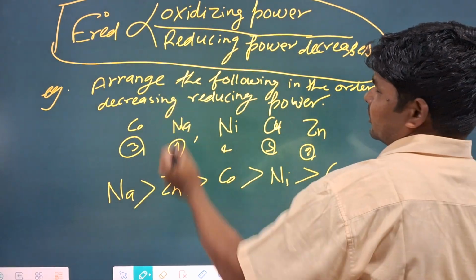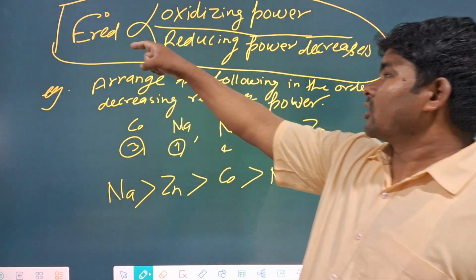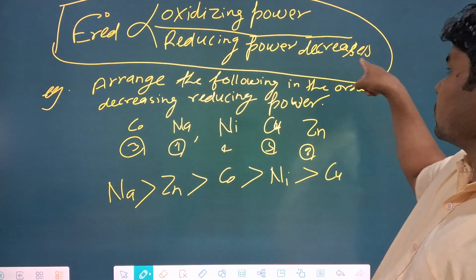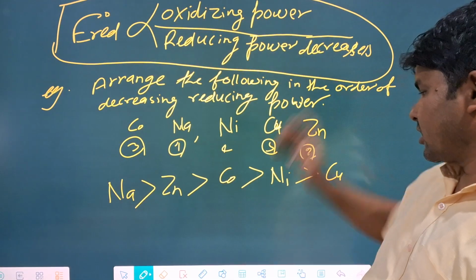The formula says the value of standard reduction potential is inversely proportional to reducing power and directly proportional to oxidizing power.